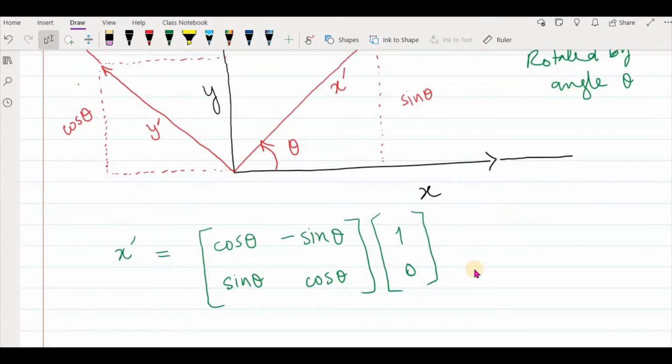And if you see the y component of this unit vector x, this will be 0 because this is purely an x on the x coordinate.